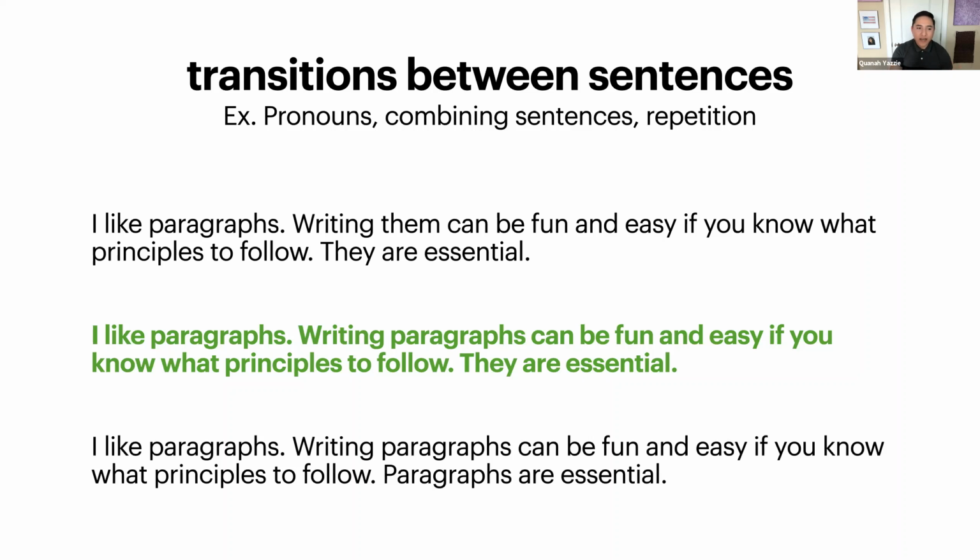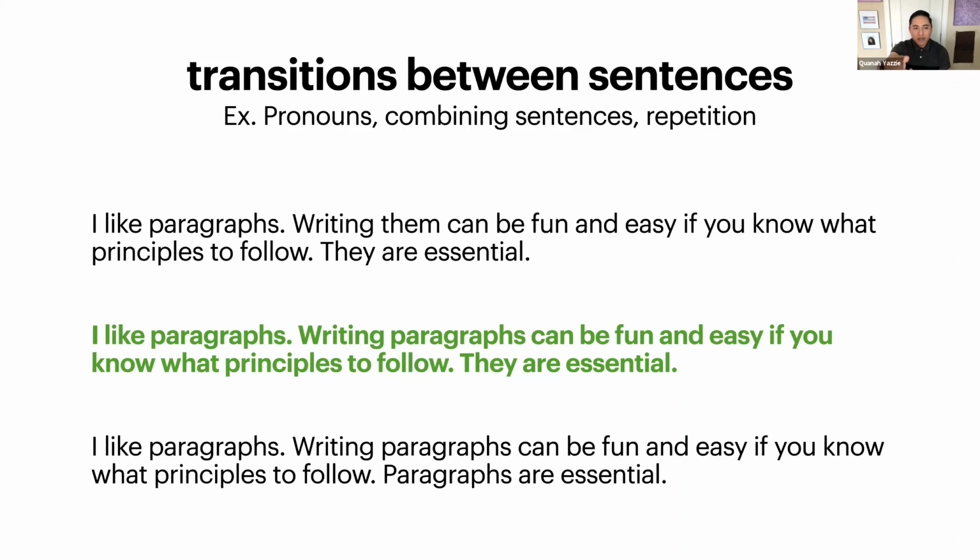The subject in I like paragraphs is me, right? And paragraphs is the subject basically. So when we say writing paragraphs can be fun and easy if you know what principles to follow, we're still focusing on paragraphs, right? But then this next sentence, they are essential, we're still talking about paragraphs, right? Because there's a relationship happening between the second and the third sentence.